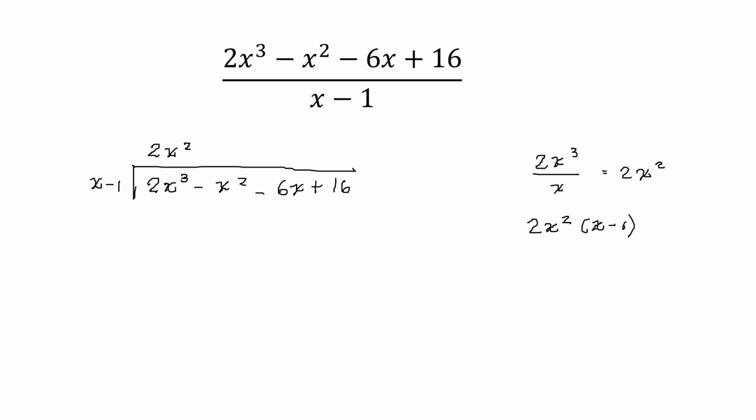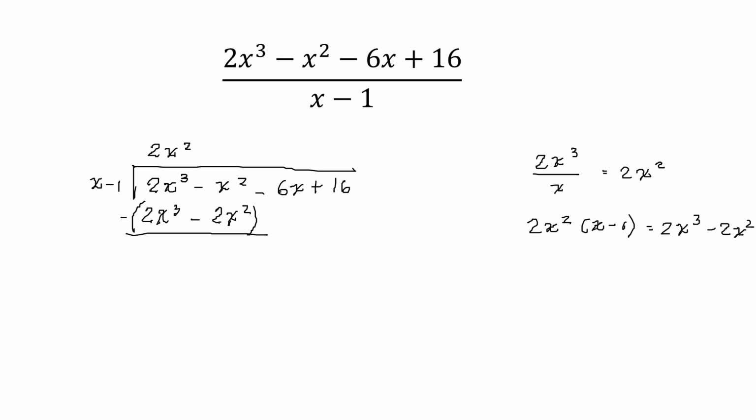This would give us 2x squared times x is 2x cubed. 2x squared times negative 1 is negative 2x squared. Let's write it here. 2x cubed minus 2x squared. Subtract the entire thing from the first two terms of the dividend. 2x cubed minus 2x cubed is 0.